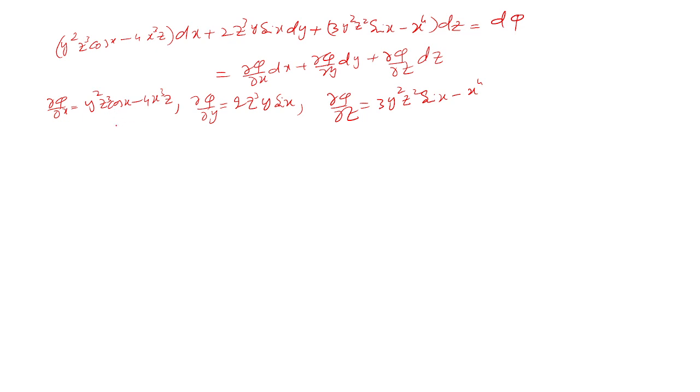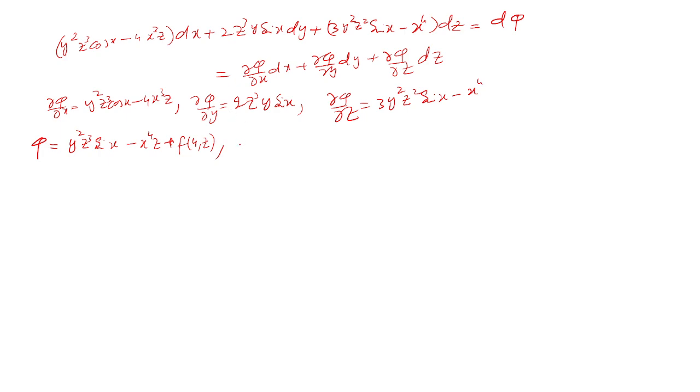Integrate the first one with respect to x. We have phi is equal to y square z cube sin x, and with respect to x, this is x4z, and then a function of the other variables, which is y and z.